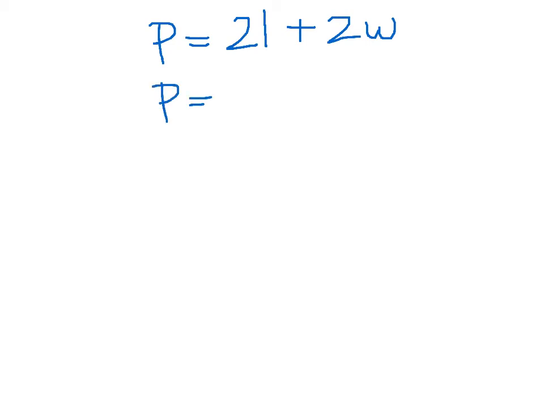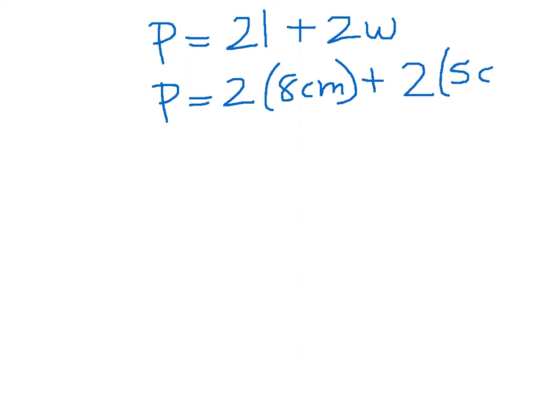So P equals 2 times 8 centimeters plus, let's substitute 5 centimeters for the width, 2 times 5 centimeters. Okay, so now let's solve the equation to find P, or perimeter.